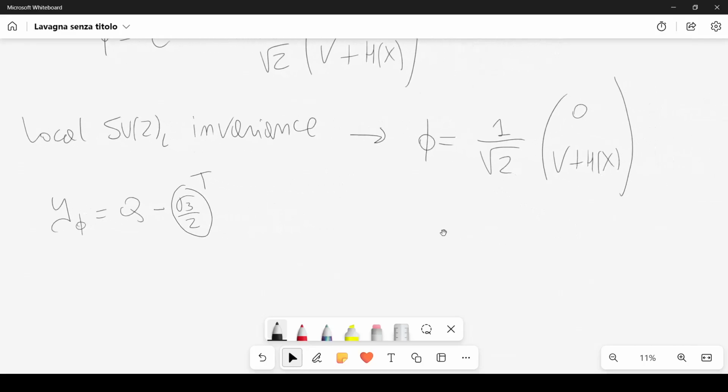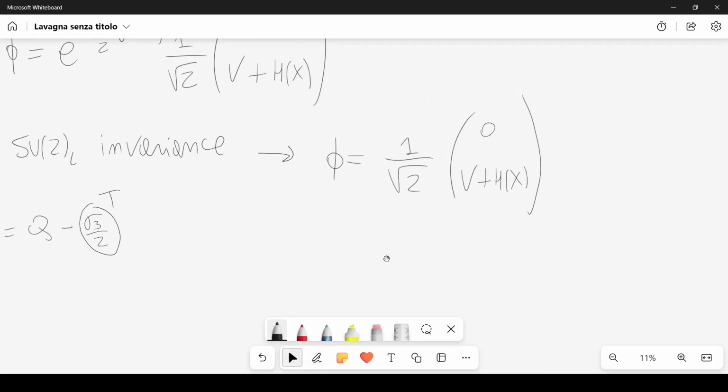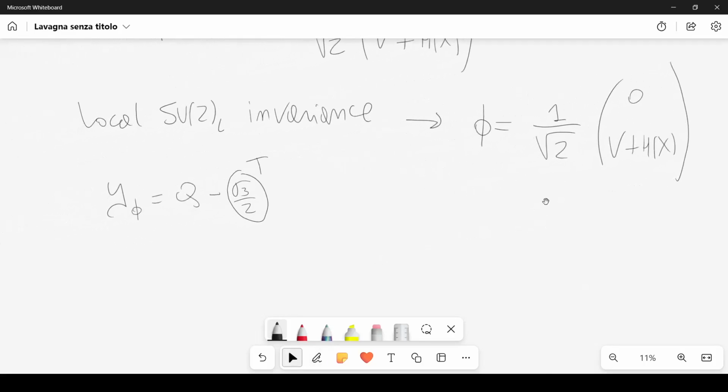Now, in this case, since the first entry in phi is equal to 0, we are only focused on the second entry. So what I'm saying is that instead of considering the matrix here, we should actually consider one of the eigenvalues, and in particular the eigenvalue associated to the second entry of the doublet.